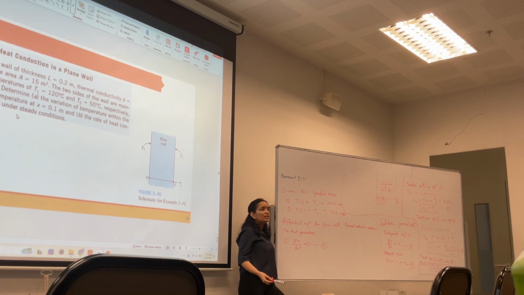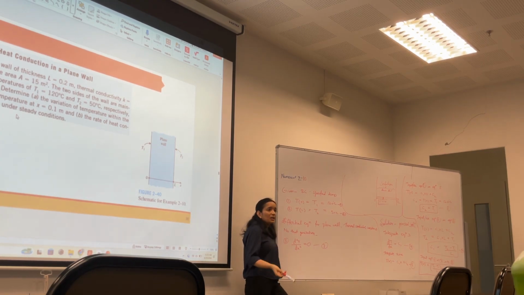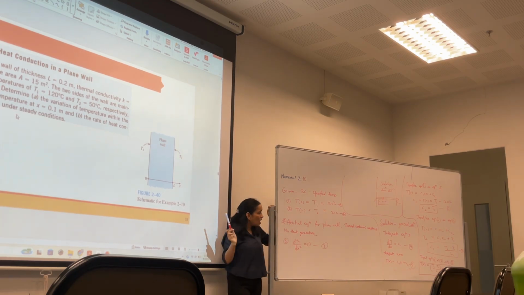Now we need to study the temperature inside the wall, in this case specifically at 0.1 meter. So if you want to study the temperature in this wall with these conditions, you need one general solution that is only applicable for this wall. How will you do that?